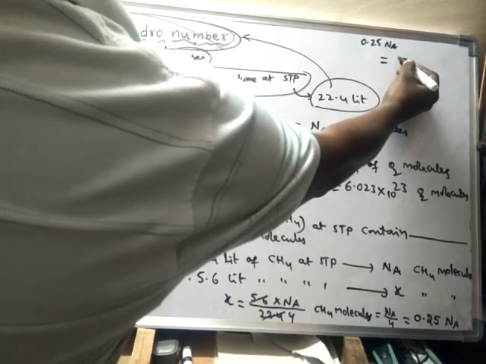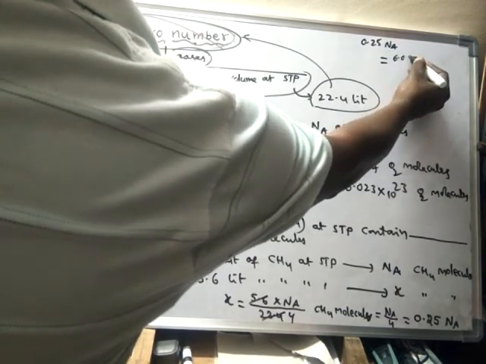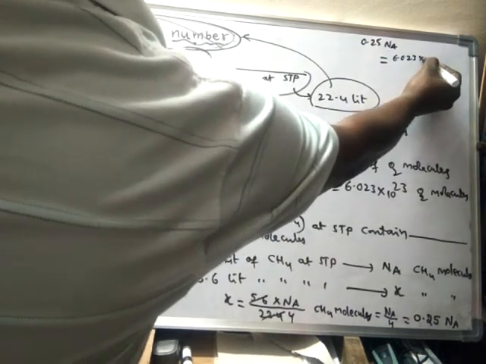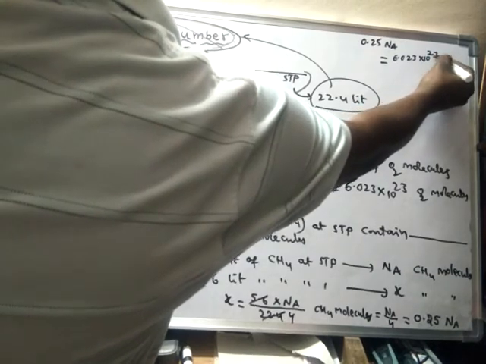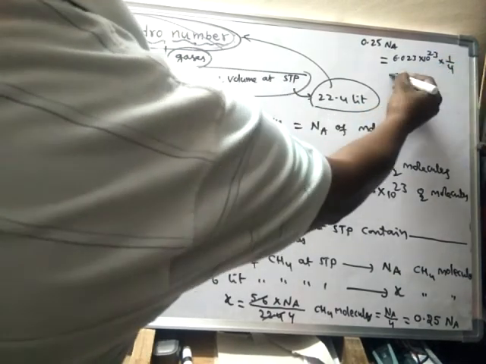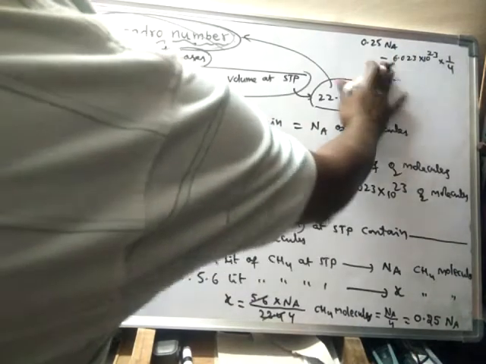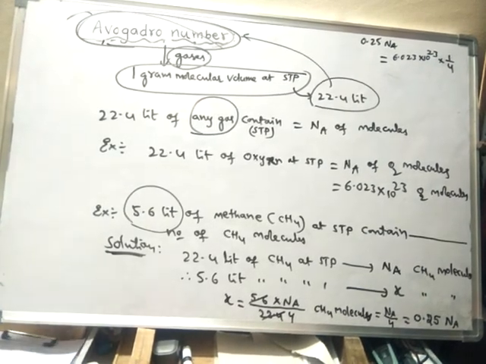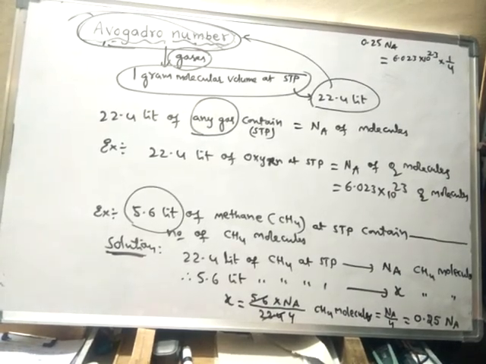It will be 6.023 into 10 to the power of 23, into 1 by 4. Just calculate, you will get the answer. So this is the concept related to Avogadro number. We will learn the other concepts like mole number, etc. in the next class. Okay, right.